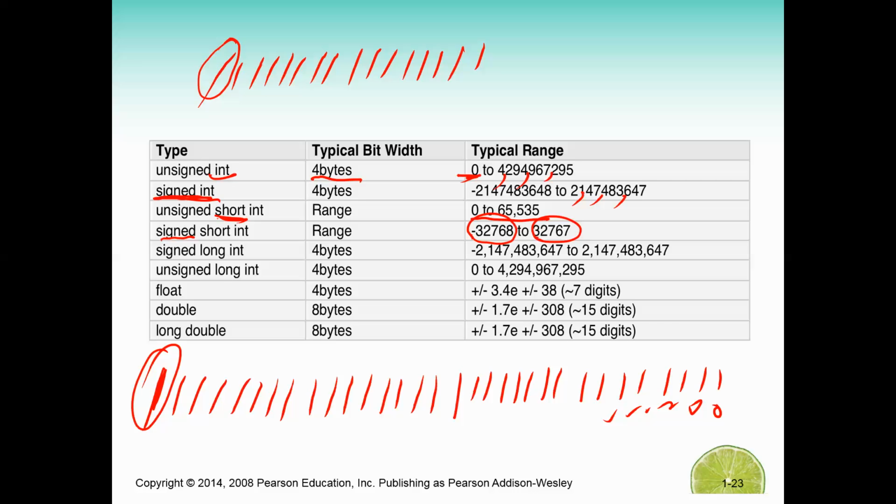But if the sign bit is off, then I'm representing a negative 2,147,483,648.